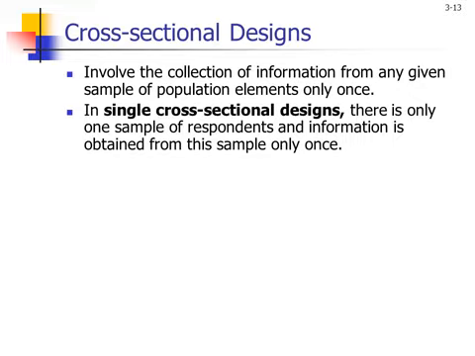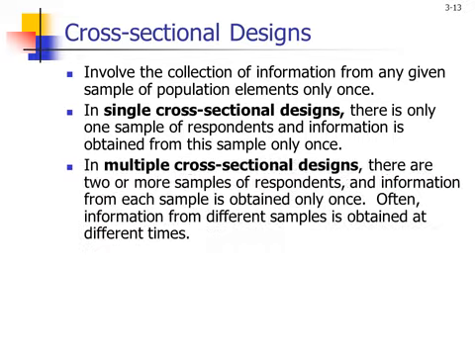So here in our slide, the cross-sectional design involves the collection of information from any given sample of population elements only once, and in the single cross-sectional design there is only one sample of respondents and information is obtained from this sample only.